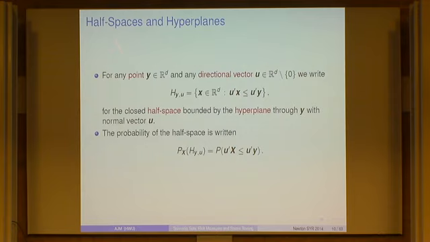Y is a point in R^d, u is a direction, excluding the zero direction, and H_{y,u} refers to this half space, the closed one, bounded by a plane through the point y with normal vector u. And I will very often want to refer to the probability of a half space with respect to this random vector X. Basically I mean the probability that X lies in this half space H_{y,u}, which is given by this.